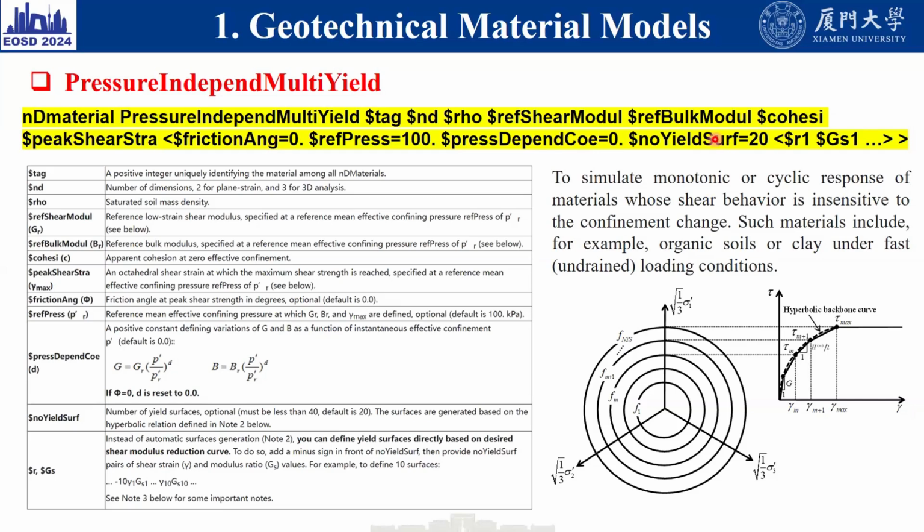So for this model, if you want to simulate drained soil, then you can put the friction angle here, as you can see in the command. You also need to define the pressure dependent coefficient so that the cohesion and the stiffness will be automatically updated according to this friction angle and the confinement. So this model is widely used for simulating clay.